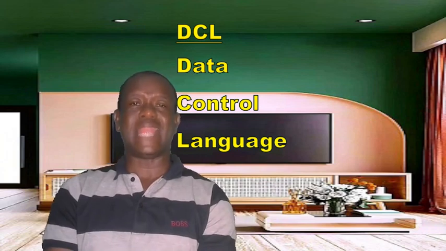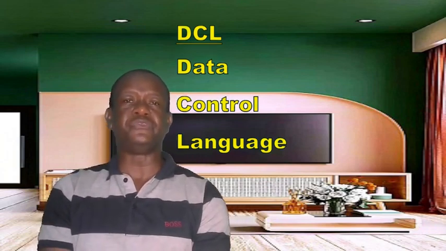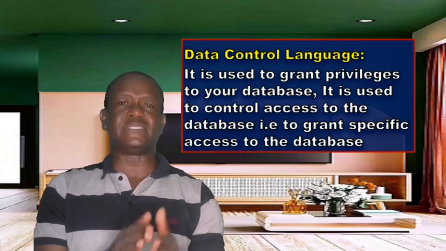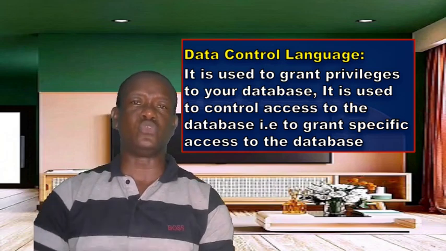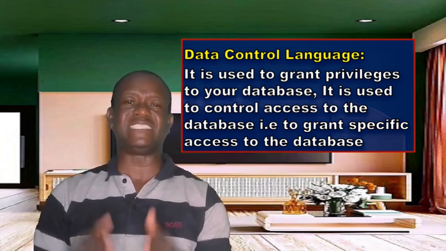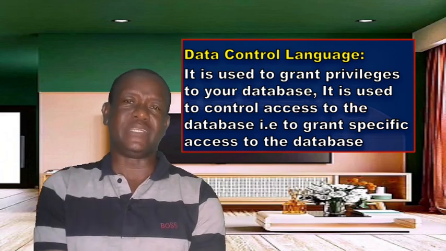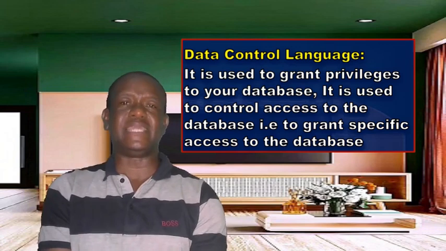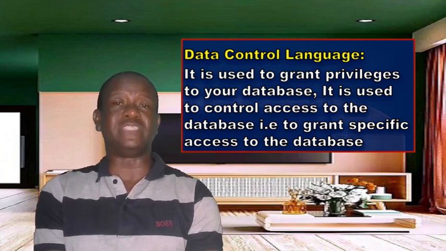Then the last part of SQL is data control language. This is the part of SQL that you use to grant access to your database. So it's more like it controls who does what in the database. It gives specific access to your database. And what we refer to as access in SQL, we call it privileges.